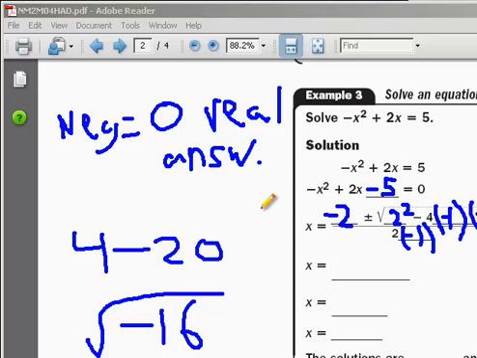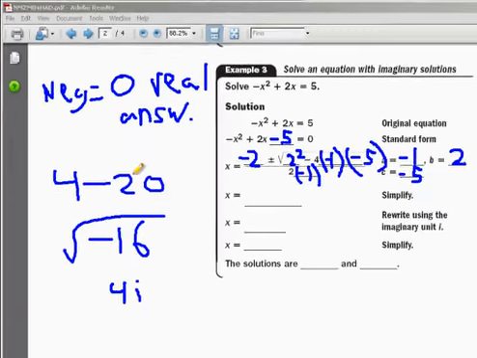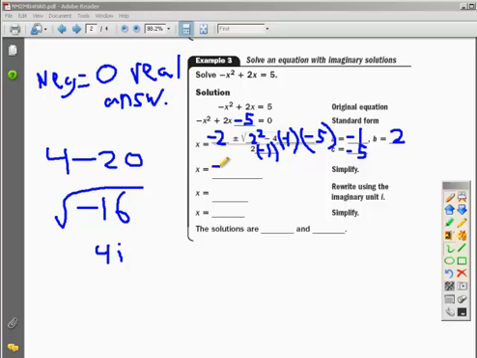Okay, 0 real answers. And so what I end up with for an answer here is negative 2 plus or minus 4i divided by negative 2, that 2 times negative 1. Since 2 goes into everything, I can simplify that. 2 goes into here once, goes into here twice, goes into here once, and it's a negative 2. So negative 2, and sometimes it might be easier for us to split this. Let's split it real quick.